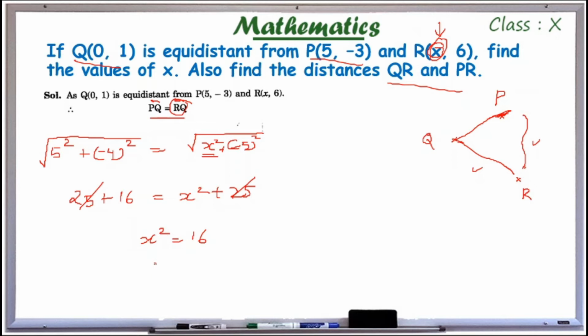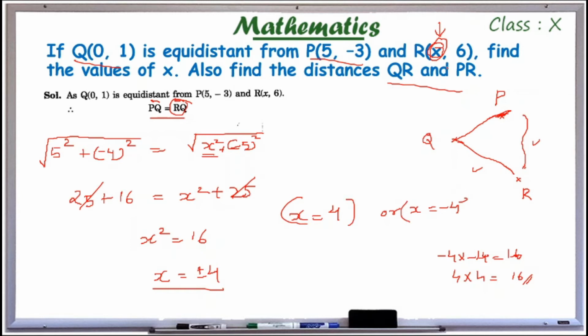If x square is equal to 16, what is x? x is equal to plus or minus 4. Minus 4 into minus 4 is 16, and 4 into 4 is 16. So the square root of 16 is plus or minus 4. So we got two answers: x is equal to 4 or x is equal to minus 4.